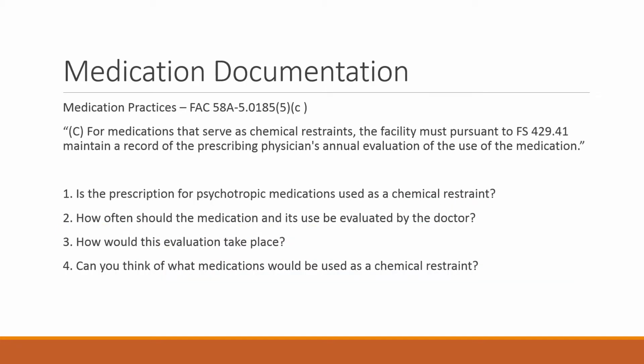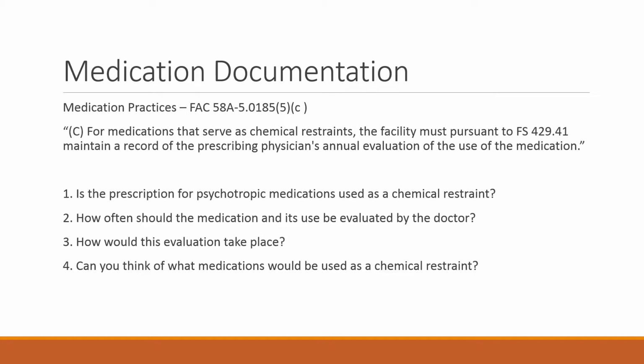So medication documentation continues to be an important issue. For medications that serve as chemical restraints, the facility must, pursuant to 429.41, maintain a record of the prescribing physician's annual evaluation and use of the medication. In an assisted living facility with a limited mental health license, most people have a psychiatric condition.